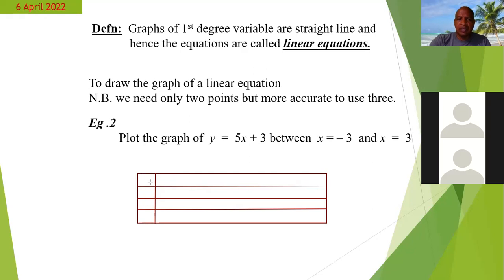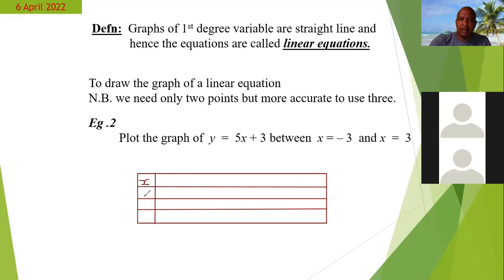This first column is to put our x values and the equations in. So for this first column, we write our x variable at the top.